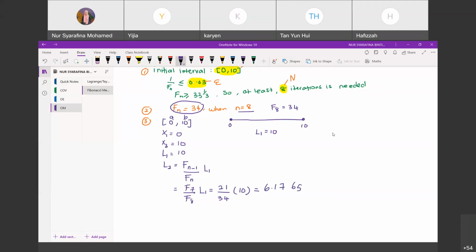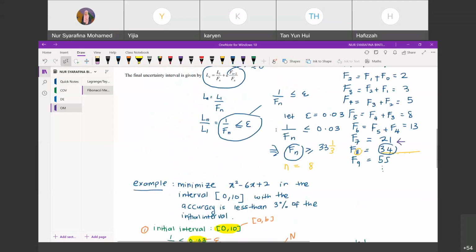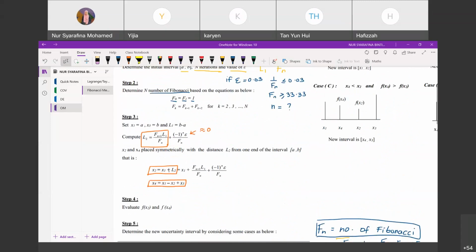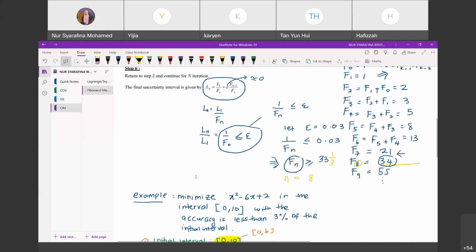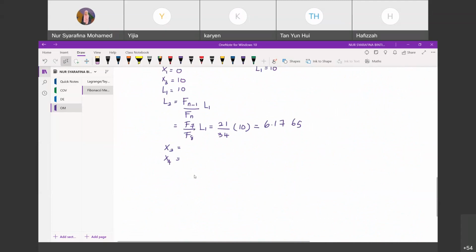Then from L2 here, you can have your x2 and x4. x2 is given by x1 plus L2, which is 0 plus 6.1765. So x2 is 6.1765.